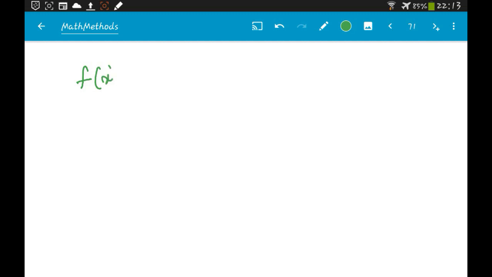So if f of x is x² minus 4x plus 3, okay. If this is your f of x, then how will you find the maxima and minima?